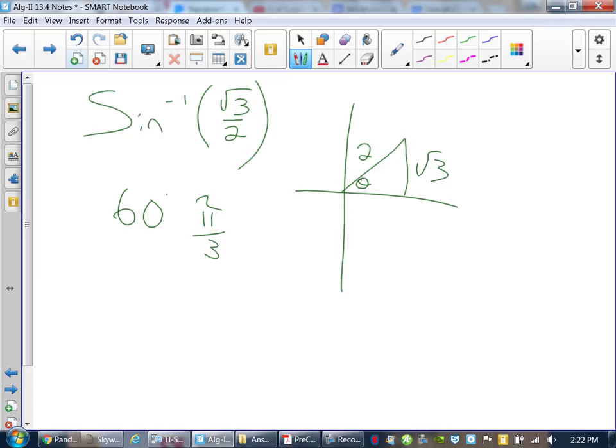Ding, ding, ding. Big light bulb. That makes me happy. Hey, tangent does it too. Because think about tangent, you're bouncing between those two. You're going to have a positive coming up reference, negative going down reference. That's awesome. You got that. Yeah, the first quadrant is all reference angle.